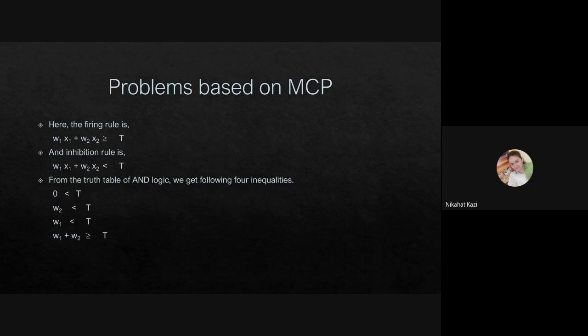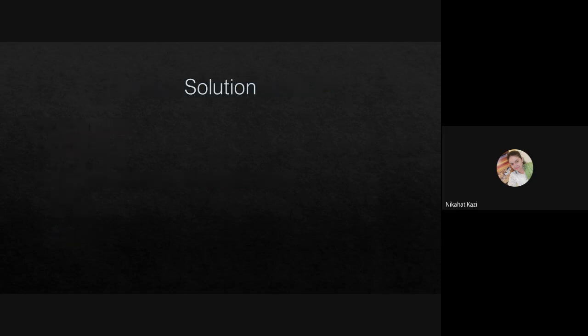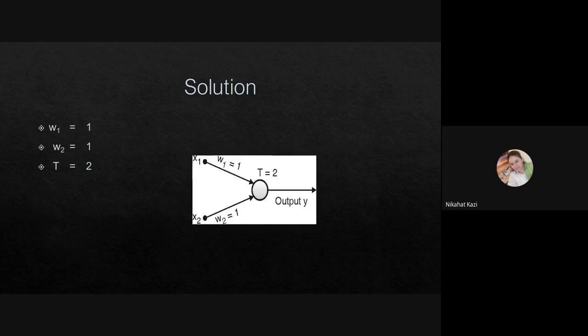So W1, W2 is 1 and T is equal to 2. This is the same problem that we had seen earlier, the bird example. So the solution for the AND example is: W1 is 1, W2 is 1, and threshold is 2.